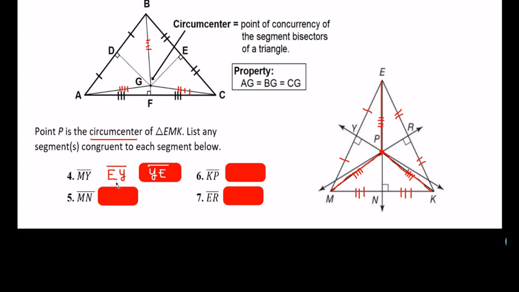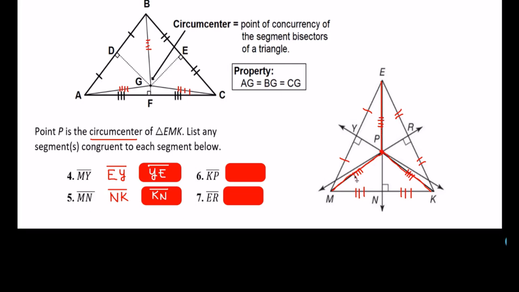Please also notice that you can write EY or YE. They are both the same. Let's talk about MN. MN will be congruent to NK, and also remember, you can write NK or KN. Then we're looking for KP. In this case, there are two segments that are congruent to that.